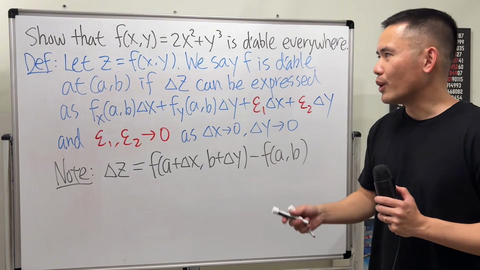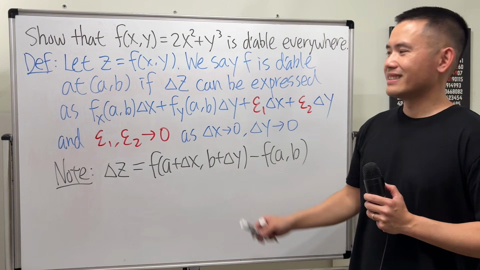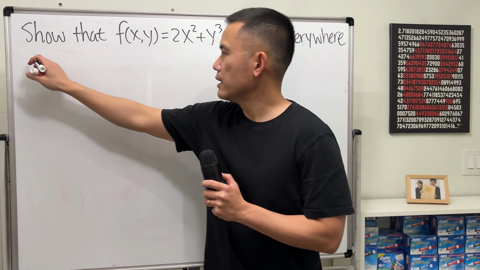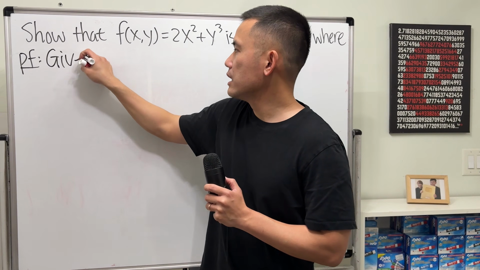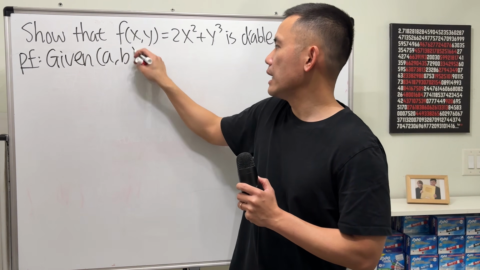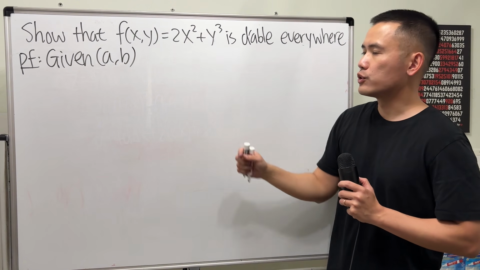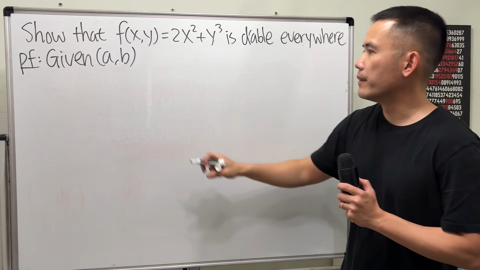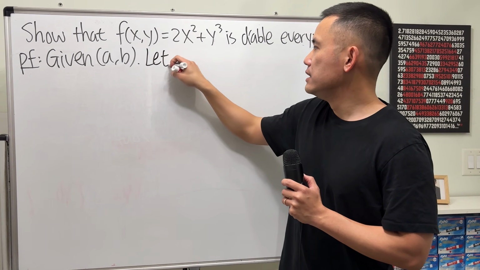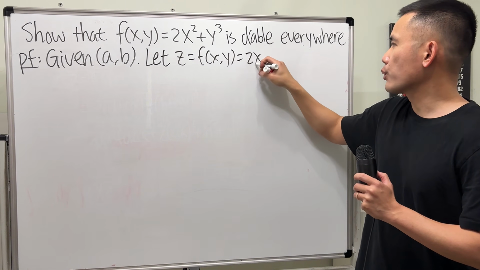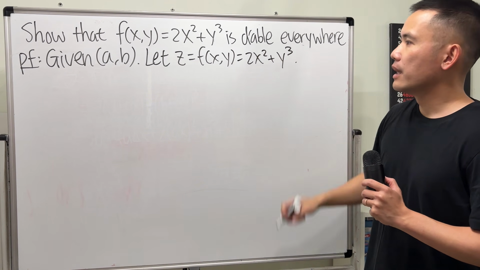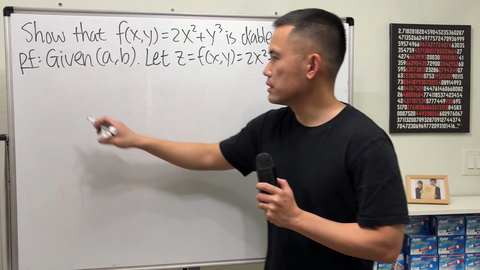So now let me show you if this works for this function. Here we go. First, let's write down the proof. I will start off by saying, given any point (a, b), because we're trying to show that this function is differentiable everywhere. Let z be our function, which is 2x squared plus y cubed. And then we'll compute delta z first.